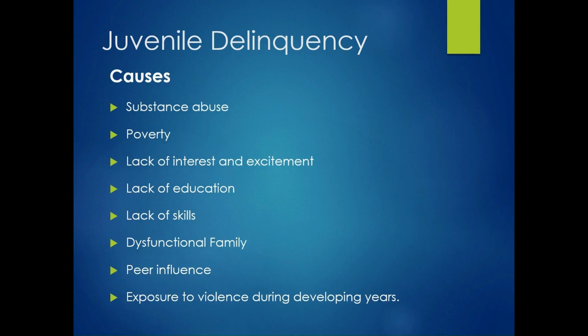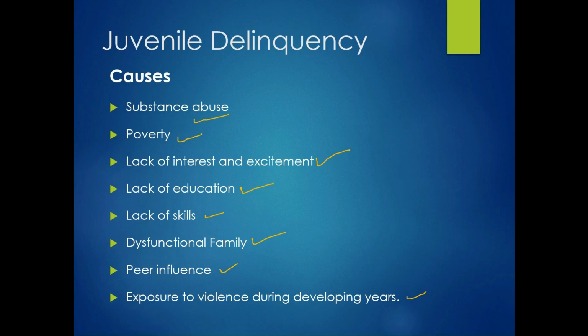The causes could be substance abuse, poverty, lack of interest and excitement, lack of education, lack of skills, a dysfunctional family, peer influence, or exposure to violence during developing years. All of these can result in a child turning delinquent.